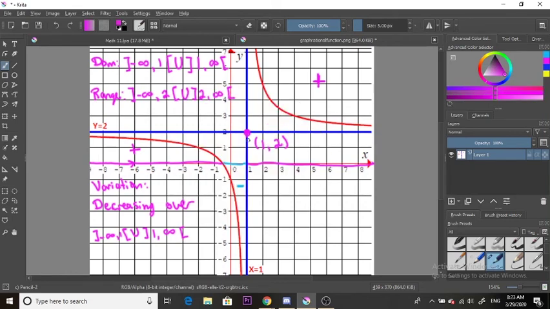So let's take a look at how we would write that. We have positive over the following two intervals. It goes from negative infinity. We always read along the x. That's why I've highlighted the x. So it goes from negative infinity to, let's say, negative 0.5.